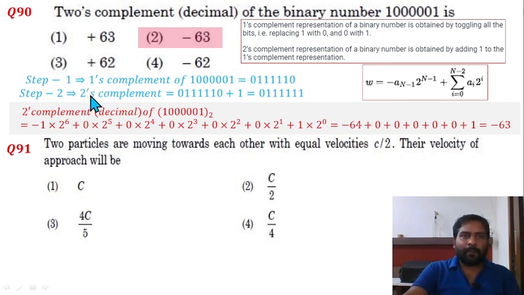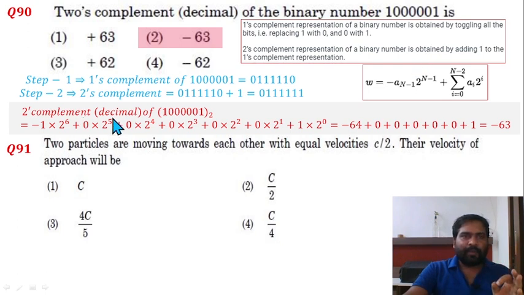And for the 2's complement just add 1. After adding 1 we get the 2's complement. So the 2's complement is here. In the decimal case, it is asking to write minus a and minus 1 times 2 raised to power n minus 1. Just reduce by this term and the remaining terms will be the same.